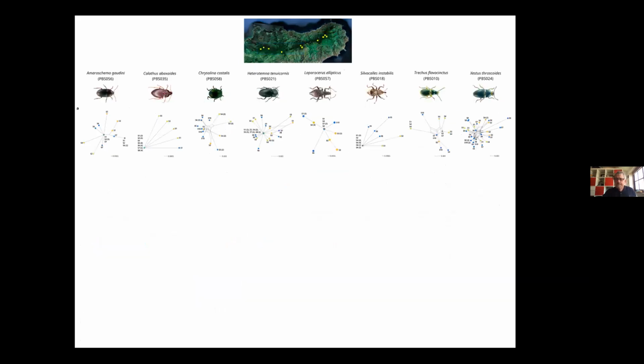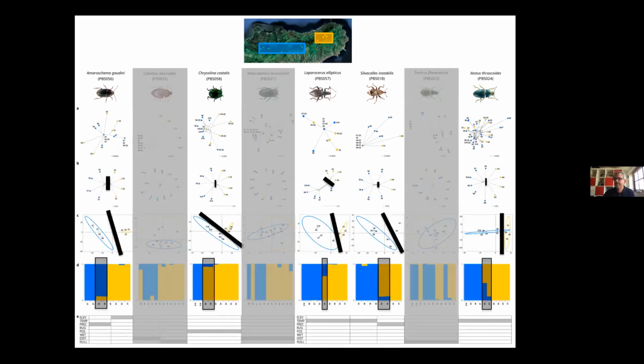Now I'm just going to show you for context the results from these 8 species that showed no mitochondrial variation at all. So here are the mitochondrial networks, no structure to east and west. But for 5 of these species, the nuclear data did in fact reveal east-west structuring.